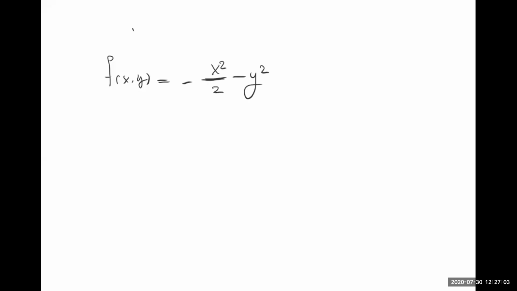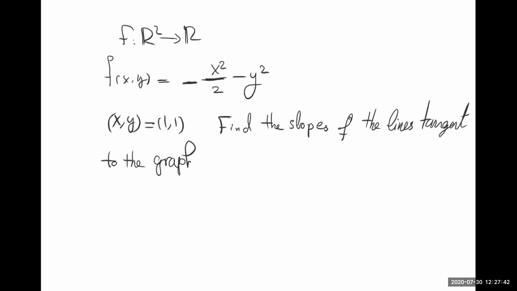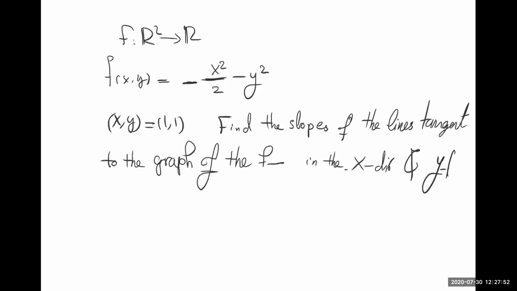You have this function. f is a map from R2 to R. One might ask us, for example, at some point, say 1 and 1, at the point (x, y) equals (1, 1), find the slopes of the lines tangent to the graph of the function in the x direction and in the y direction.